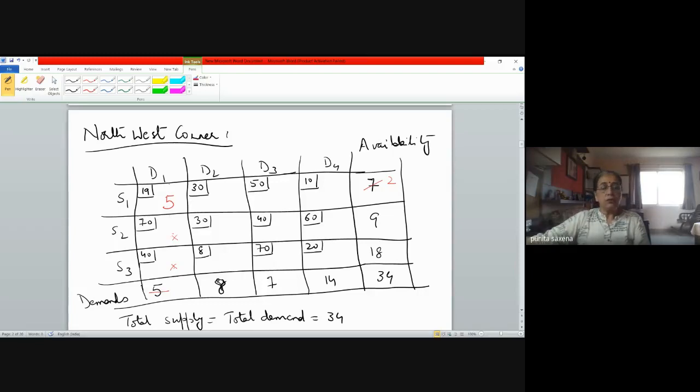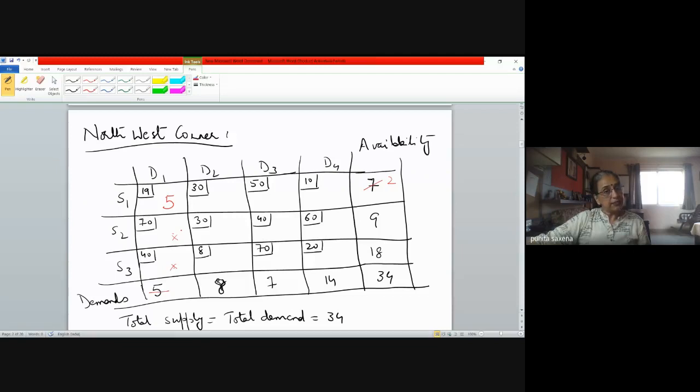Okay. So what are we doing? We are starting with the first cell, the left corner. We are allocating as much as possible, which is going to be the minimum of A1 and B1. If the allocation made is equal to B1, we move horizontally to the next cell. But if the allocation made is equal to A1, we move vertically down to the next cell.